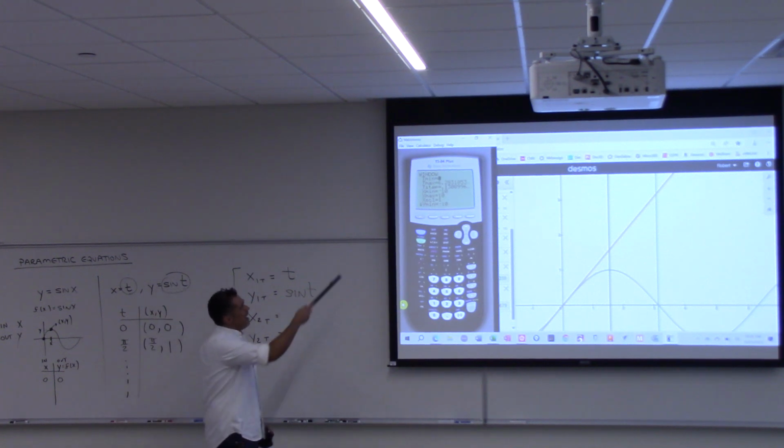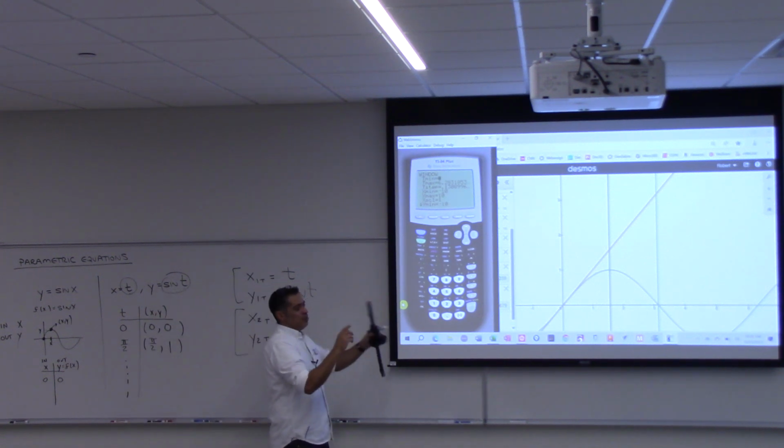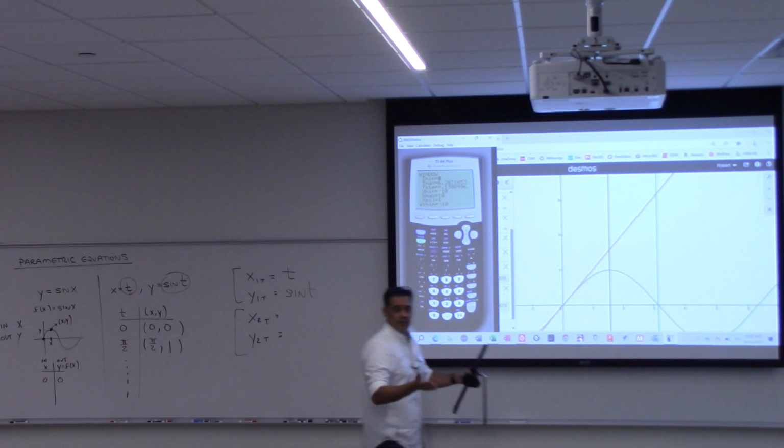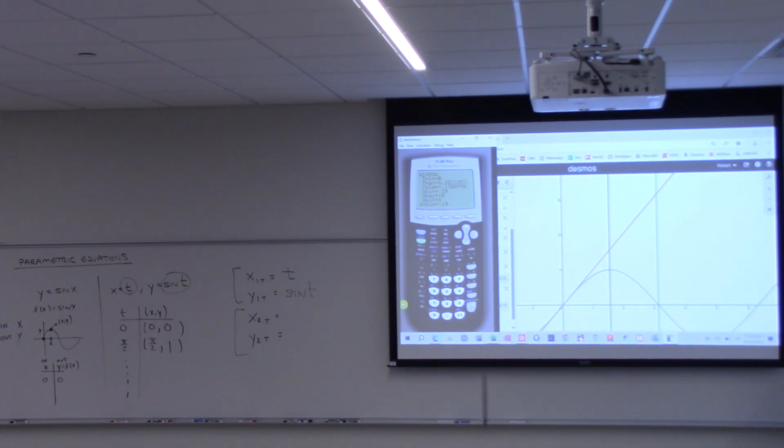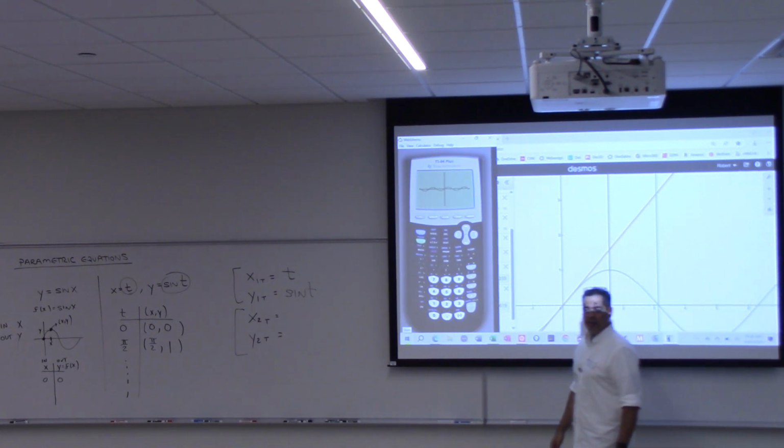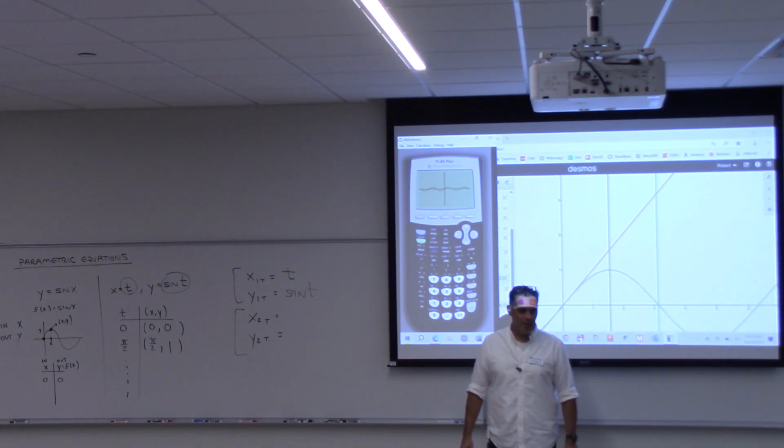If we change that window to -10 to 10, it's going to look exactly like your regular function mode. Hit graph again, and now you'll get the whole sine curve. Y'all follow me?